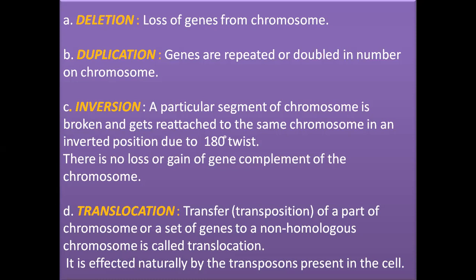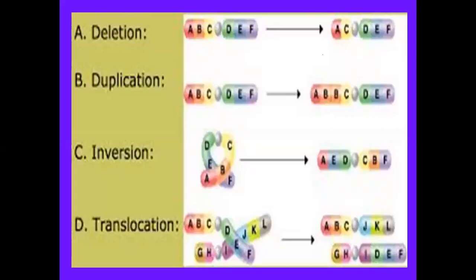We are going to study with the help of this slide. See here, it is very easy to get your concept clear if you see this slide. A, B, C, these are the genes. D, E, F. So this is the centromere. These are the arms of the chromosome.